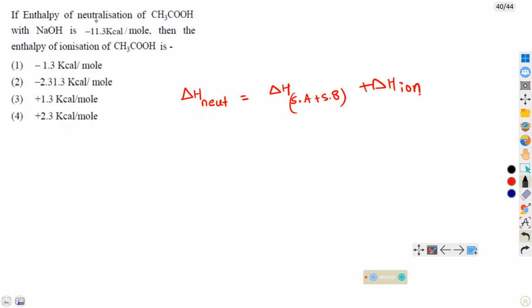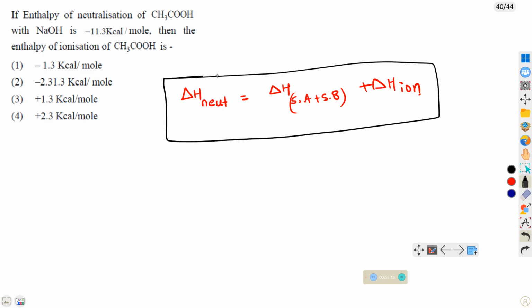If the enthalpy of neutralization of CH3COOH with NaOH is minus 11.3 kilocalorie per mole, then what is the enthalpy of ionization of CH3COOH? CH3COOH is a weak acid. Weak acid plus strong base gives enthalpy of neutralization plus enthalpy of ionization.